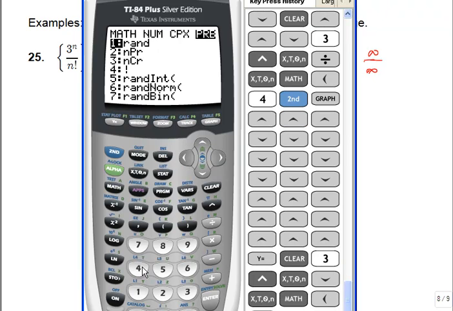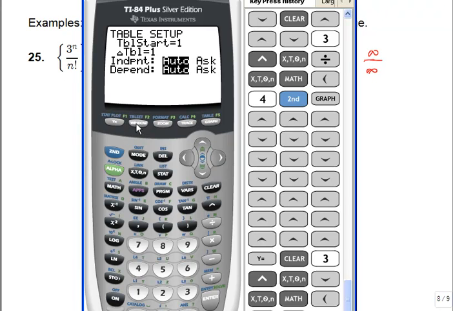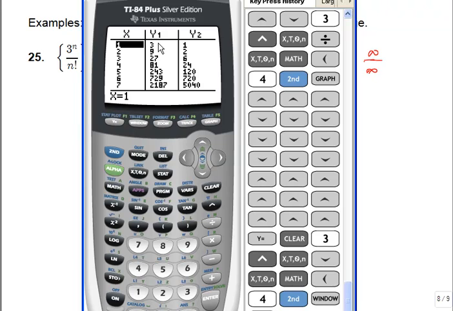And if we go to our table, this first column is these 3 to the n. So these are your numerators, and the second column over here are your denominators, your factorials. So what you'll notice is that 3 to the first is bigger than 1 factorial. 3 to the second is bigger than 2 factorial. 3 to the third is bigger than 3 factorial, and so forth.